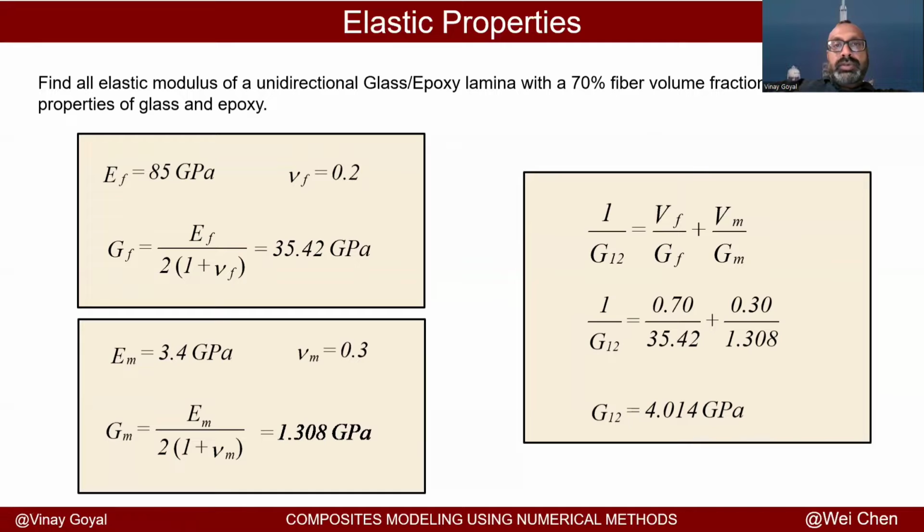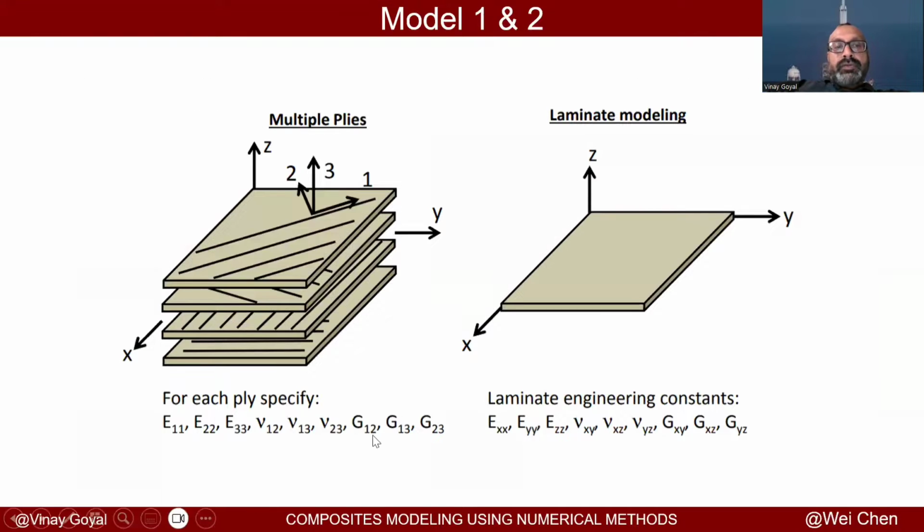So given the properties that we may have, E11, E22, E33, where E11 is along the fibers, E22 is transverse to the fibers, and E33 is through the thickness, the modulus in the through the thickness direction. And then we have the three Poisson ratios specified.